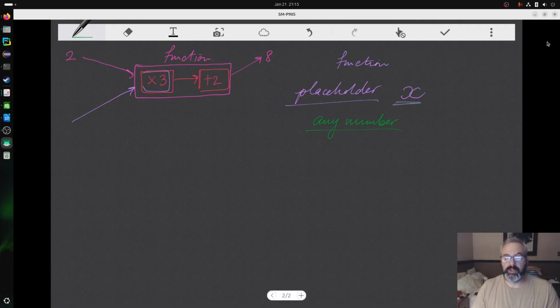So what we do is we use our placeholder and we feed that into the function. So now we've got X and we are going to feed X into our function. The first thing that we need to do is multiply the X by 3. So we'll have X multiplied by 3. Now this is important, and think of it like this.